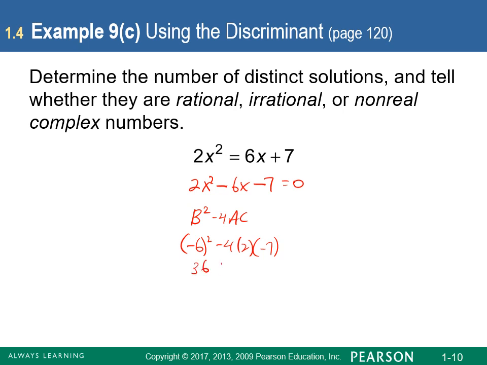Negative and a negative makes a positive. 4 times 2 times 7 is 56. That comes out to be 92. And again, in the quadratic formula, we would be doing the square root of a 92. So we would come out with some number plus or minus the square root of a 92 over some number. That is irrational.